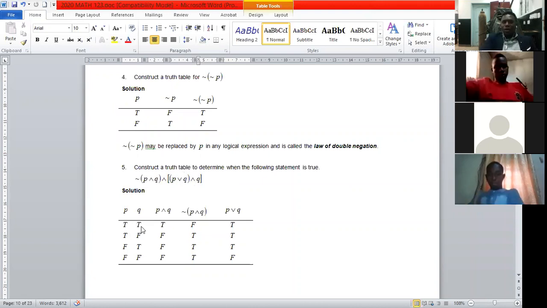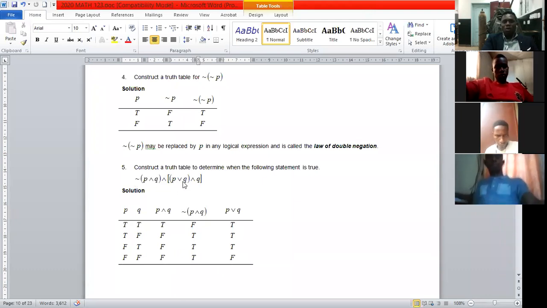That is true and true, true and false, false and true, and false and false. Now, I also have, in this other bracket, the negation. I have done this first aspect, the negation. I also need this one, P or Q.